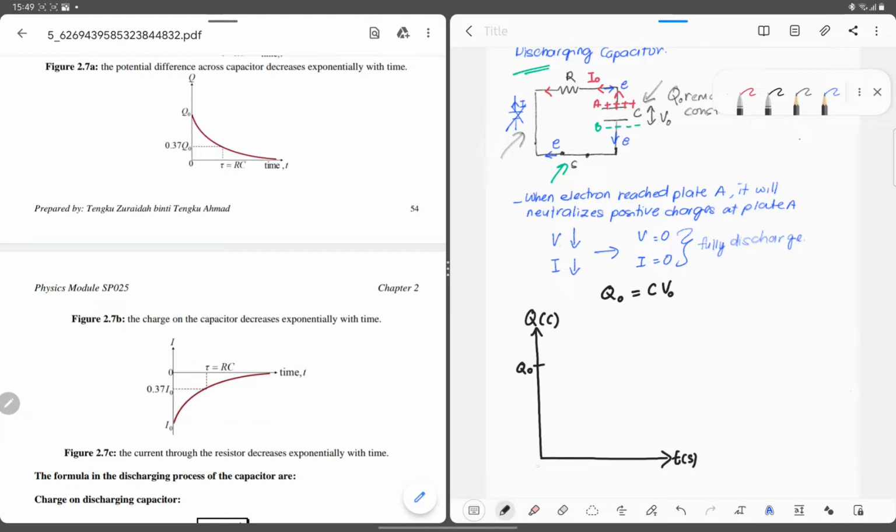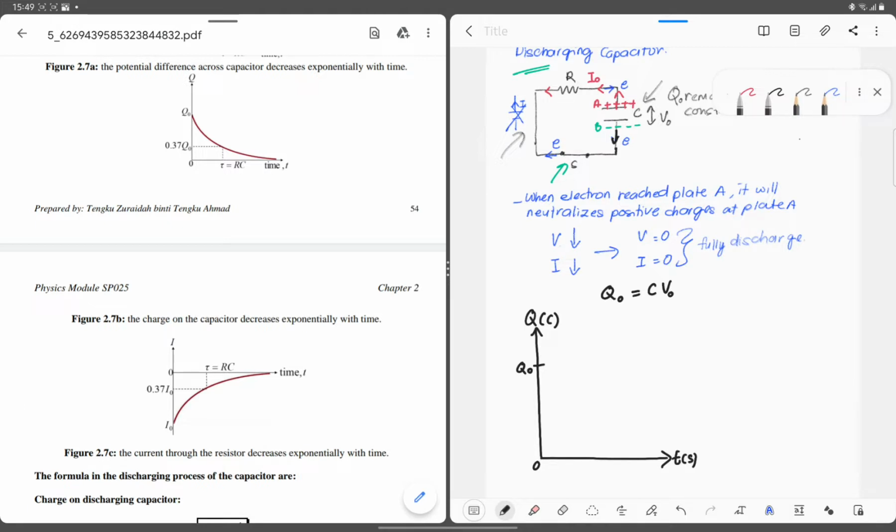Okay, so initially, as the electron flows from plate B and goes to plate A, it neutralizes the positive charge. So charge across capacitor starts to decrease because what happened?